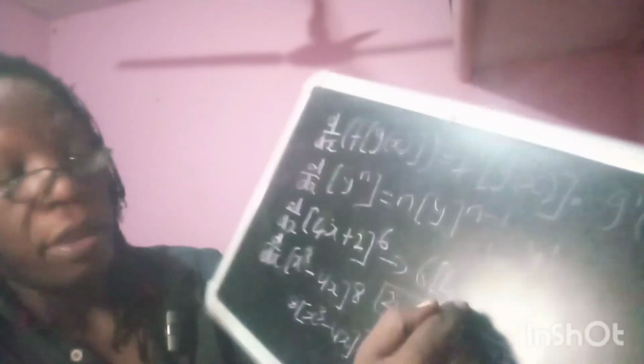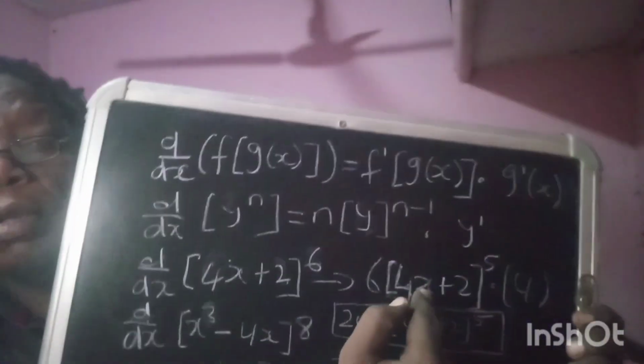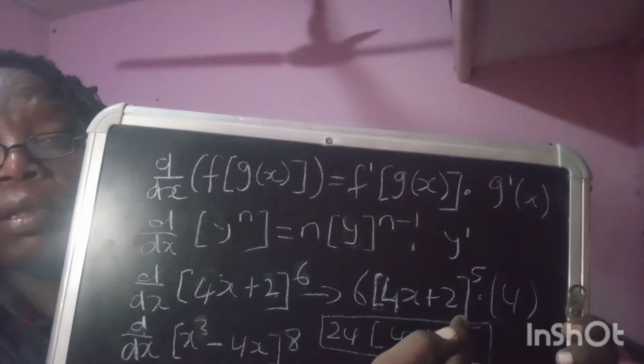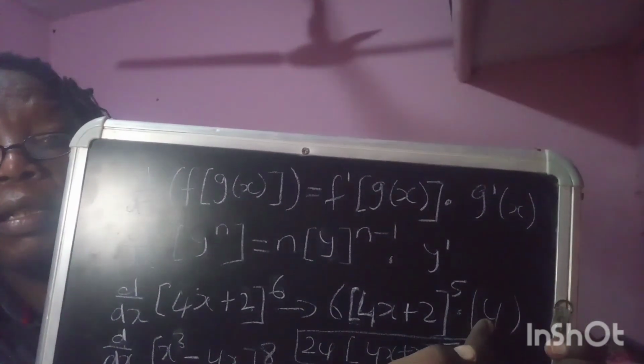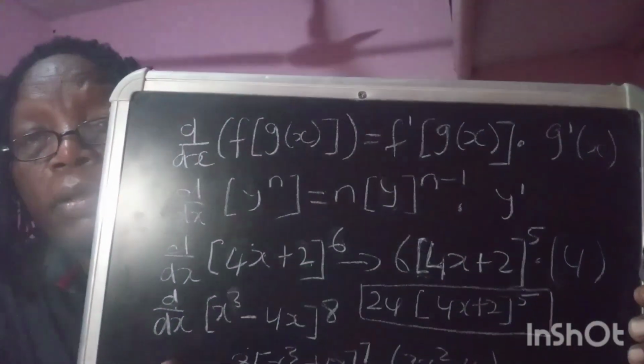Then we differentiate the inside one, which is this one. When you differentiate 2, which is a constant, it disappears, and this one will remain only 4x, which you have written here.